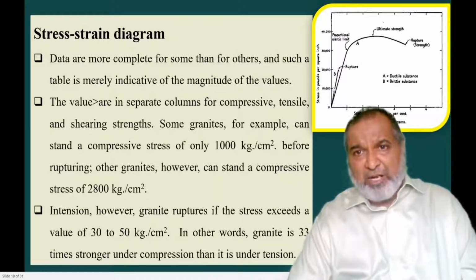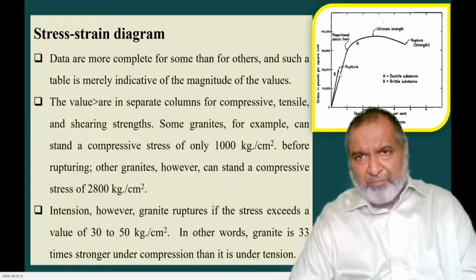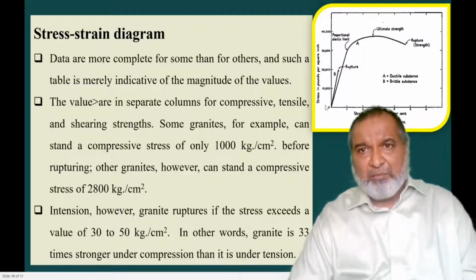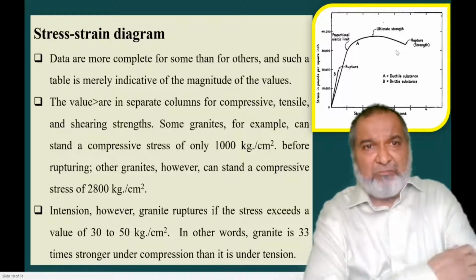You can see the brittle one is immediately cut down, somewhere around 19,000, and the shortening is only half a percent. But the ductile one goes on completely, and after 30,000 it goes into the plastic stage.